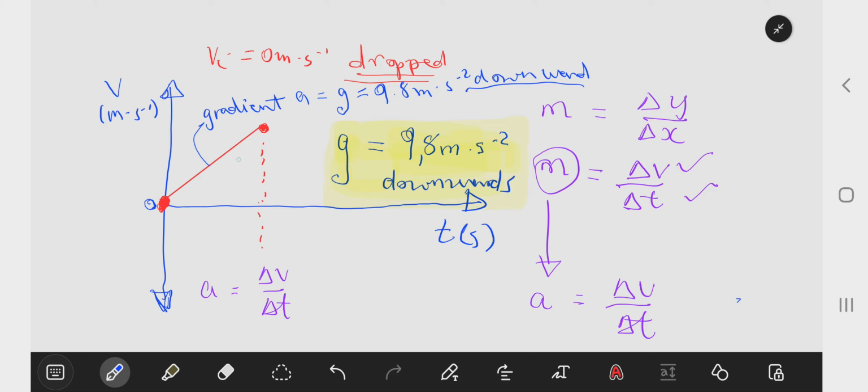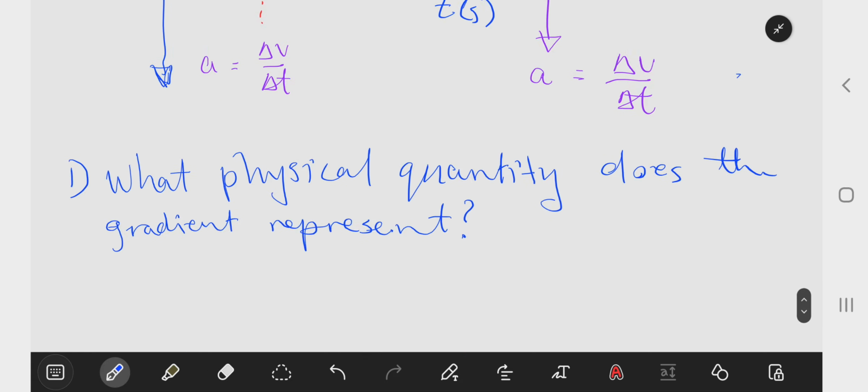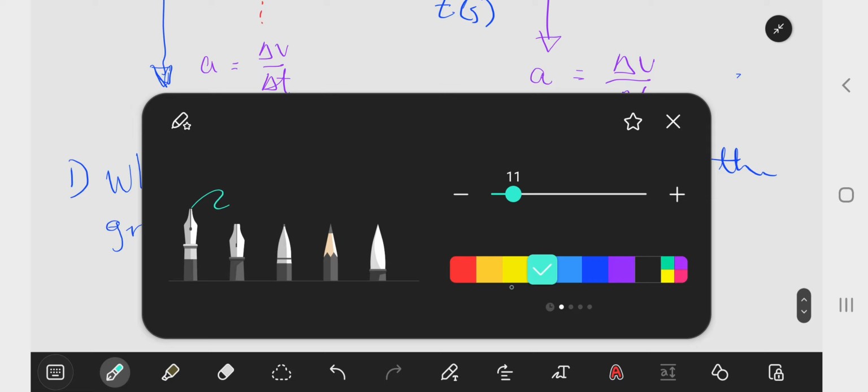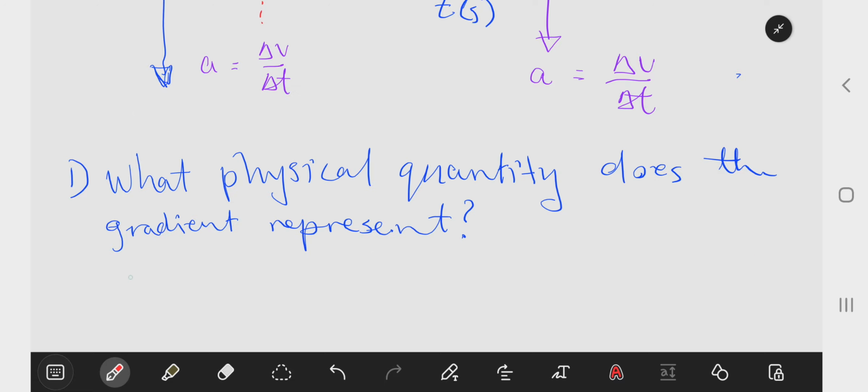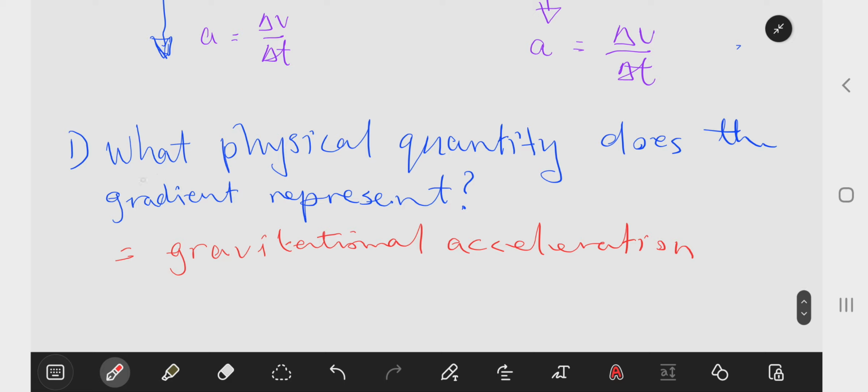It has a gradient, and we said the gradient is acceleration, and that acceleration is actually your gravitational acceleration. So your answer would be, it represents your gravitational acceleration, or simply it represents the acceleration of that projectile, right? So that is answering the first question.